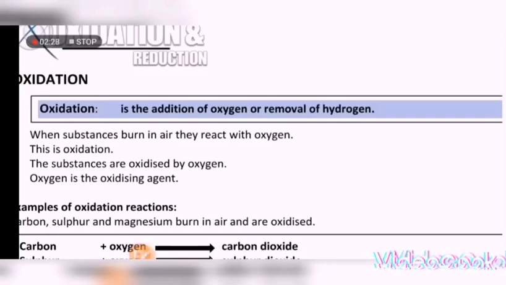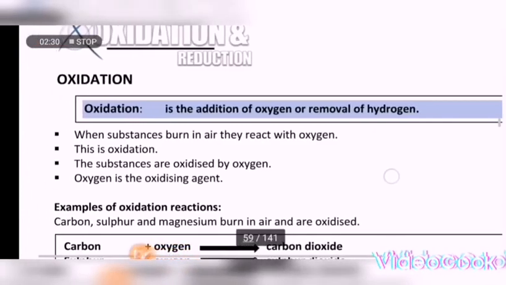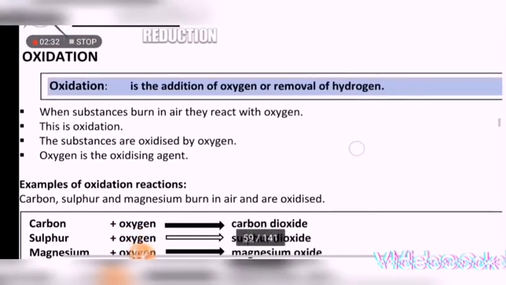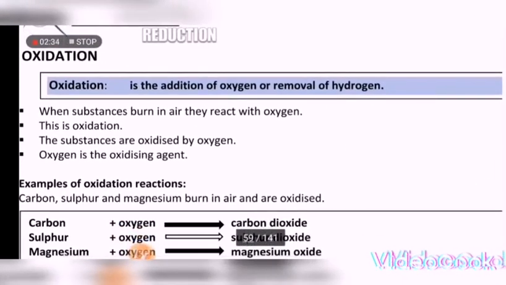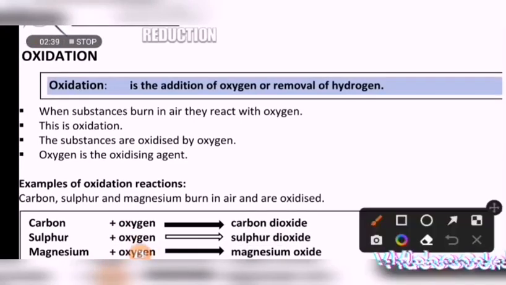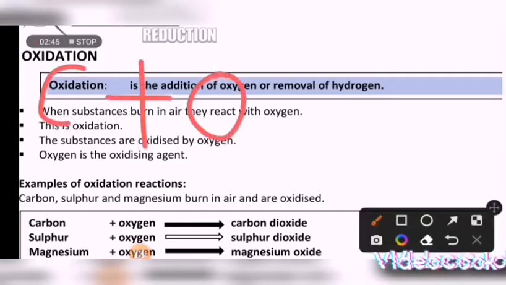Why are we saying oxidation is the addition of oxygen? I want to illustrate how the addition of oxygen occurs. For example, we have an equation like this: C plus O2.